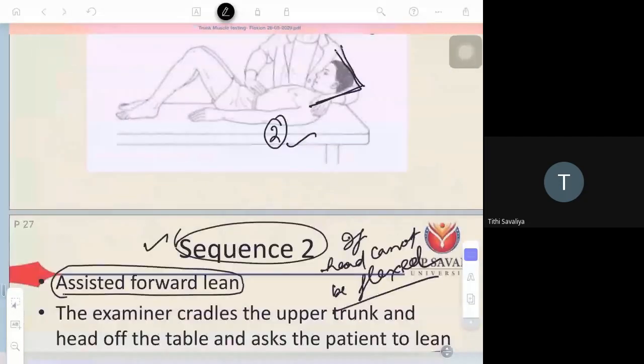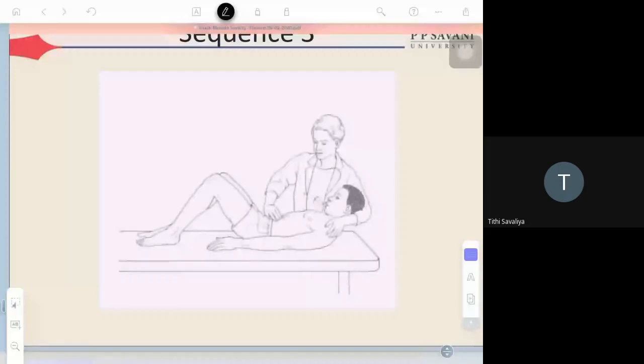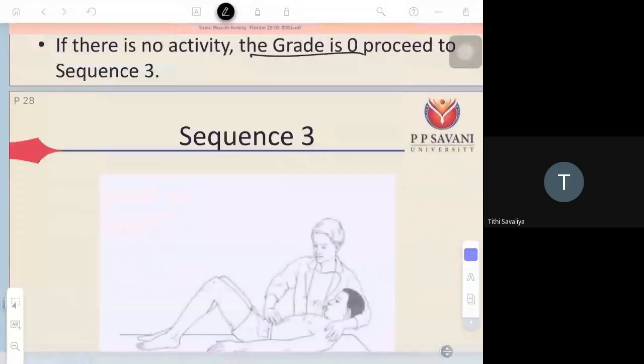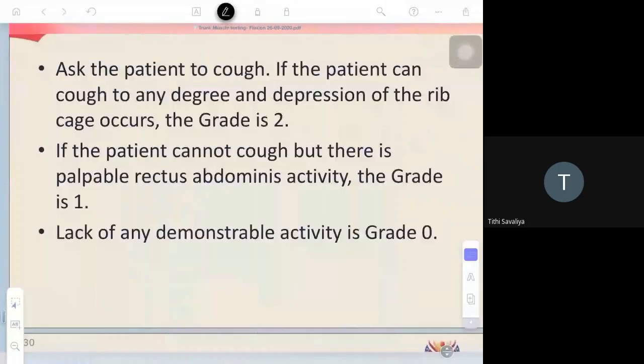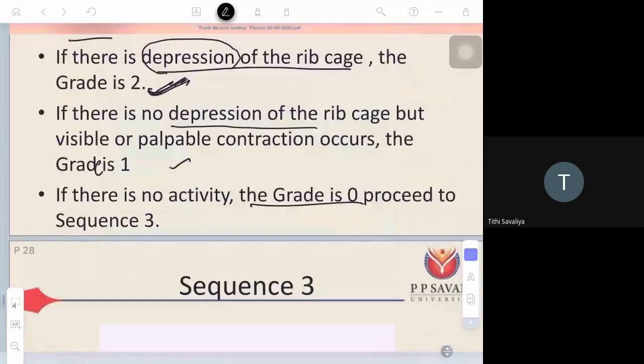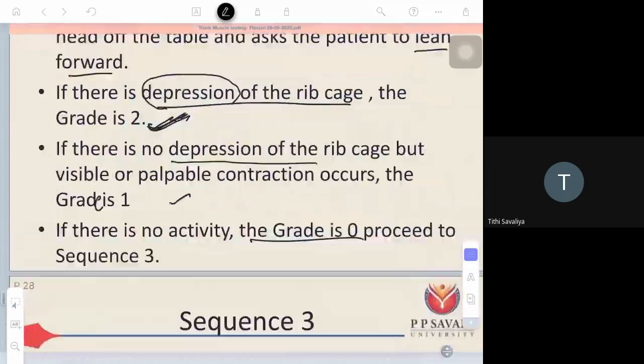What is next? Sequence 3. What is the third sequence? Here, already you have concluded in sequence 2 itself what the grade is. 0, 1, 2, 3, 2, 1 and 0.